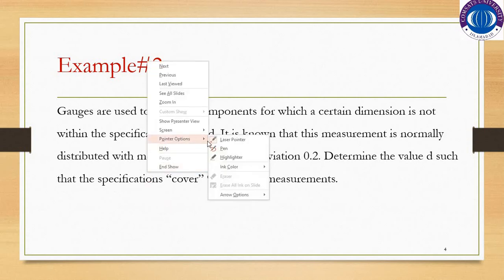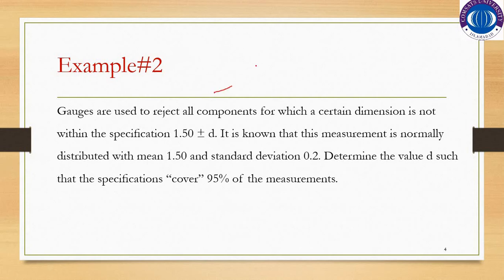So if we draw it manually, this will be the scenario. Let's suppose this green line is the axis, and here we will have the mean at the center, at the peak, and this is 1.50. So the specifications are: d is some unknown value, 1.50 minus d and 1.50 plus d.